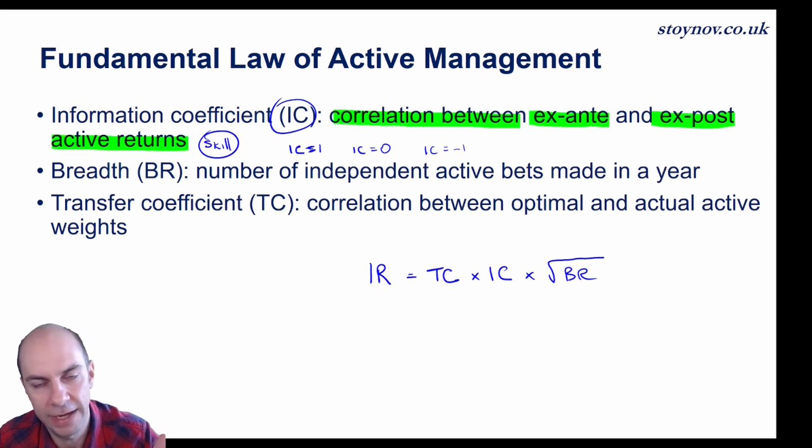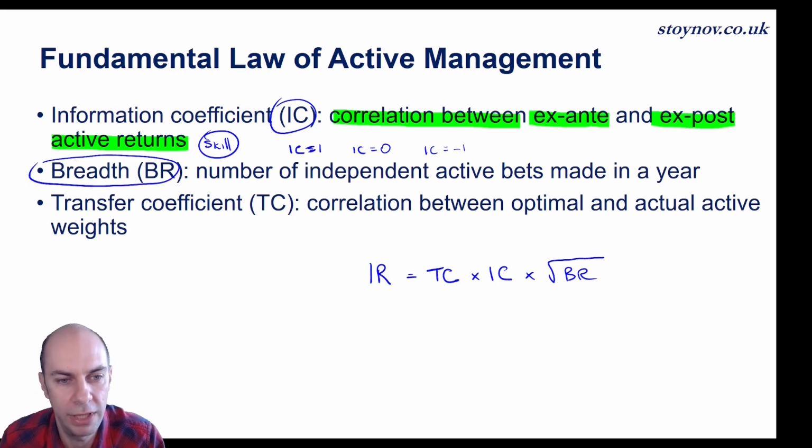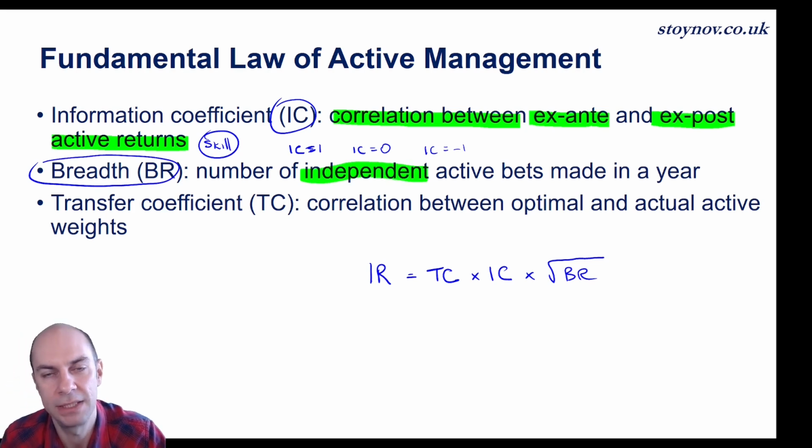The other factor that we're going to consider is the number of bets that you're making. That's called the breadth. Very important word though, it's the number of independent bets that you can make. Very important word, because you can make a lot of bets during the year, but if they're really betting on the same thing, you've only made one bet.